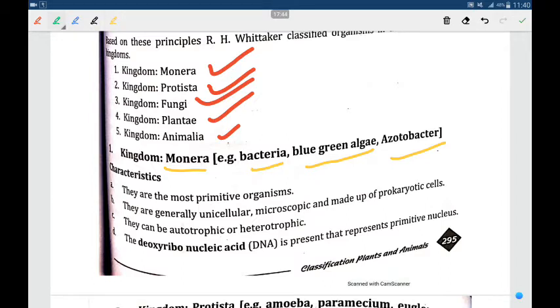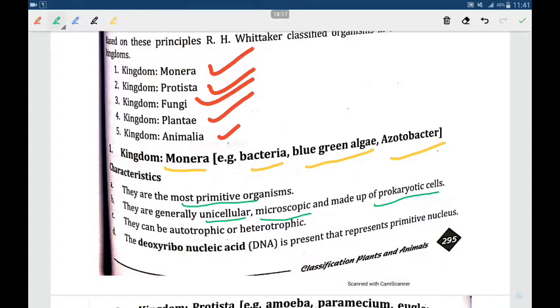They are primitive, very, very less developed living beings. They are unicellular, the whole body is one cell, microscopic, with a prokaryotic cell. The cell is less developed.